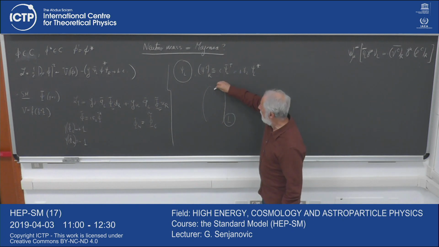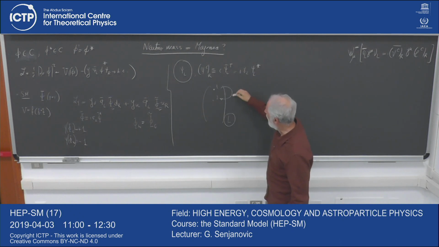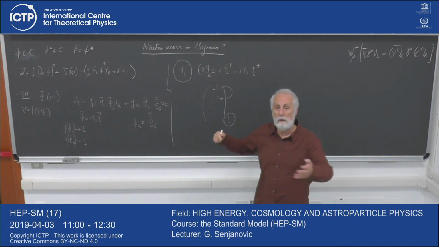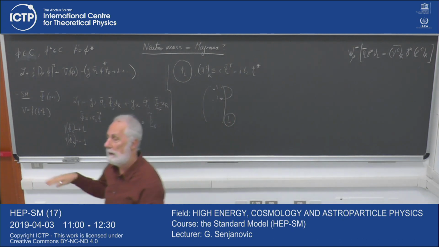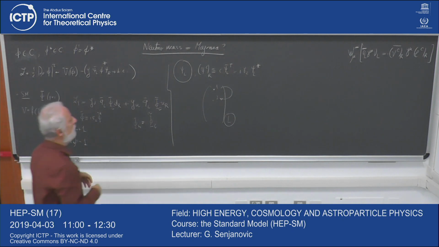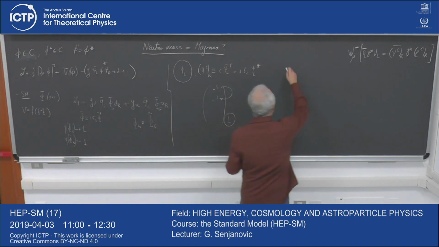So when I take particle number 1 into particle number 2 by whatever rotation in the group, I don't want to break the Lorentz group. I cannot take a particle turning into the same species by Lorentz.